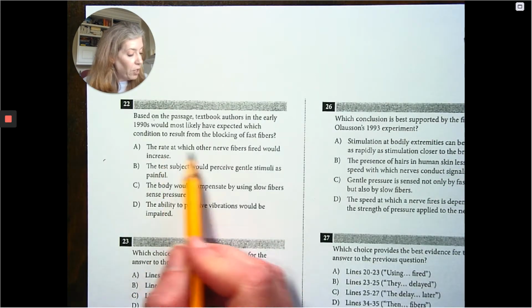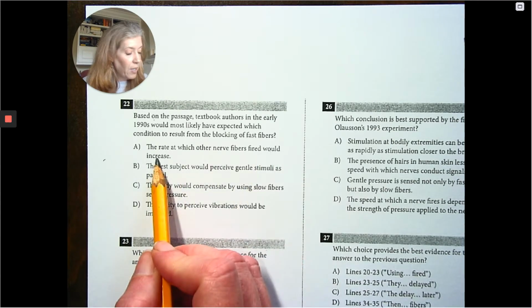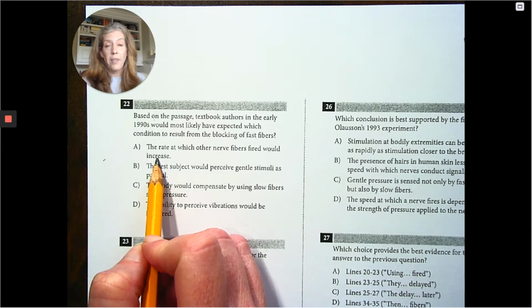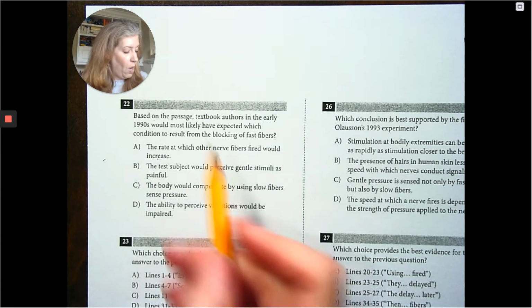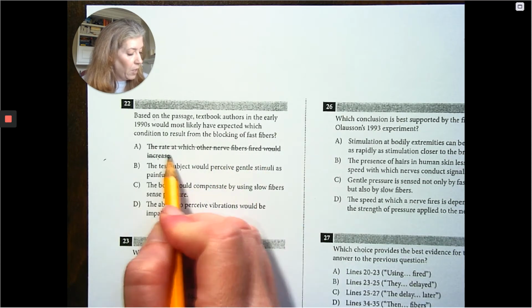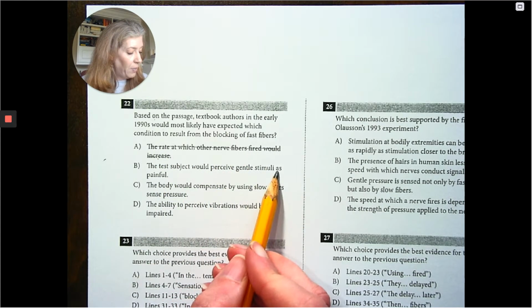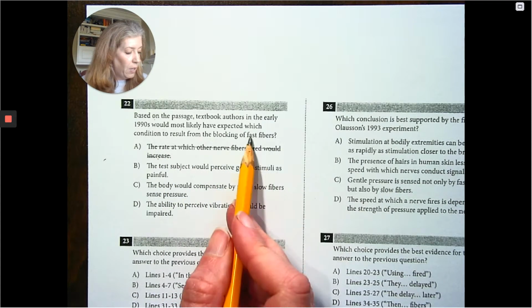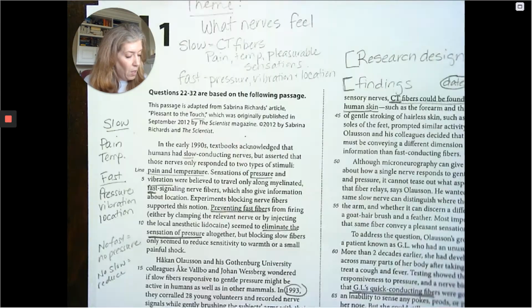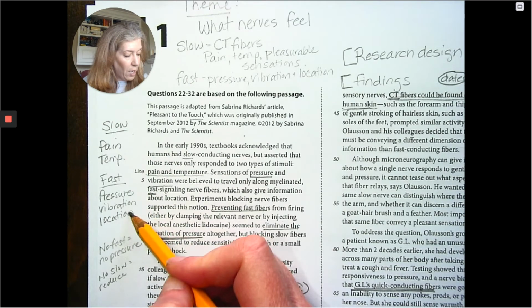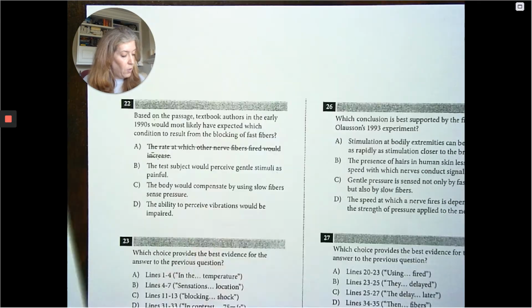The rate at which other nerve fibers fired would increase. There was no indication at all that these nerve fibers relied or would pick up the slack from one another. So I don't like that one at all. The test subject would perceive gentle stimuli as painful. Well, fast fiber is pressure, vibration, and location. Pain is slow fiber, so that one's wrong.